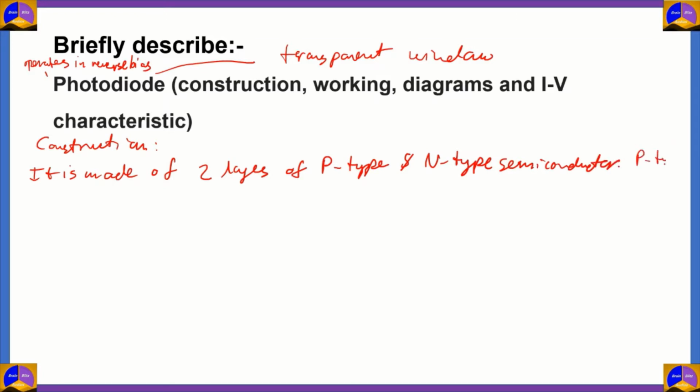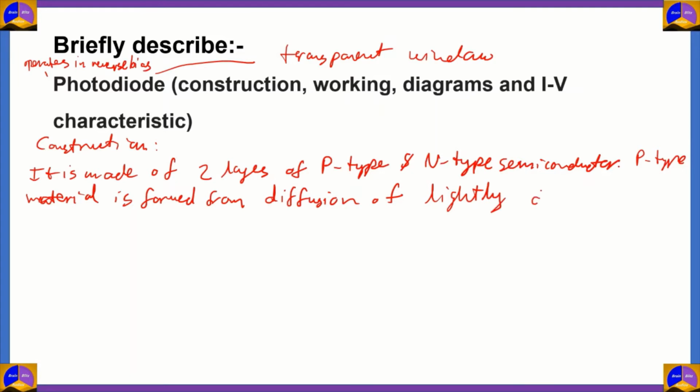The p-type material is formed from the diffusion of lightly doped p-type substrate.